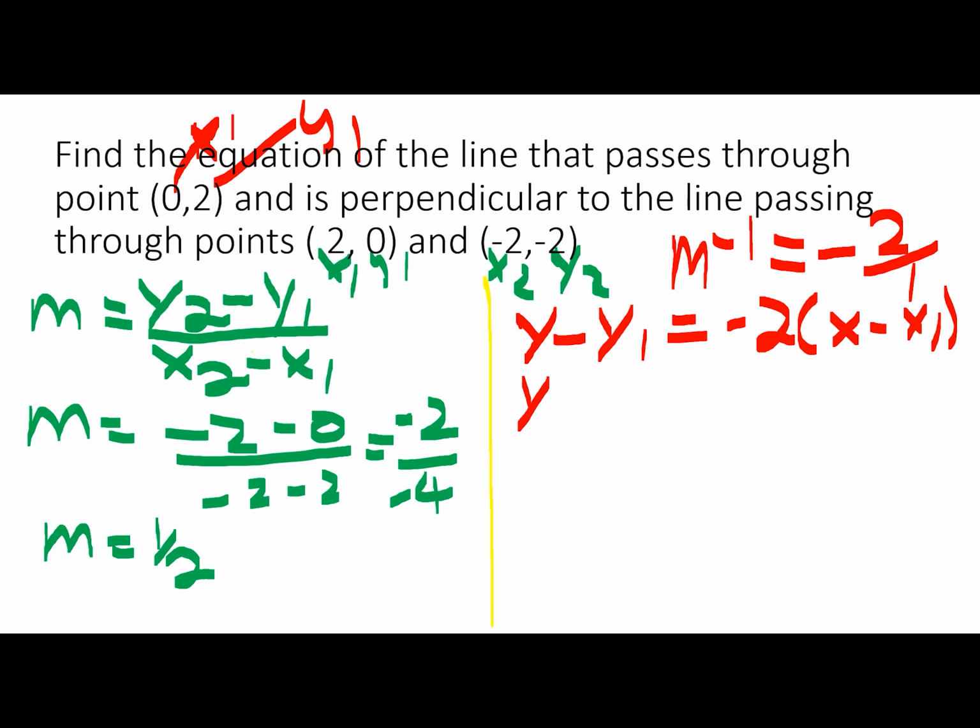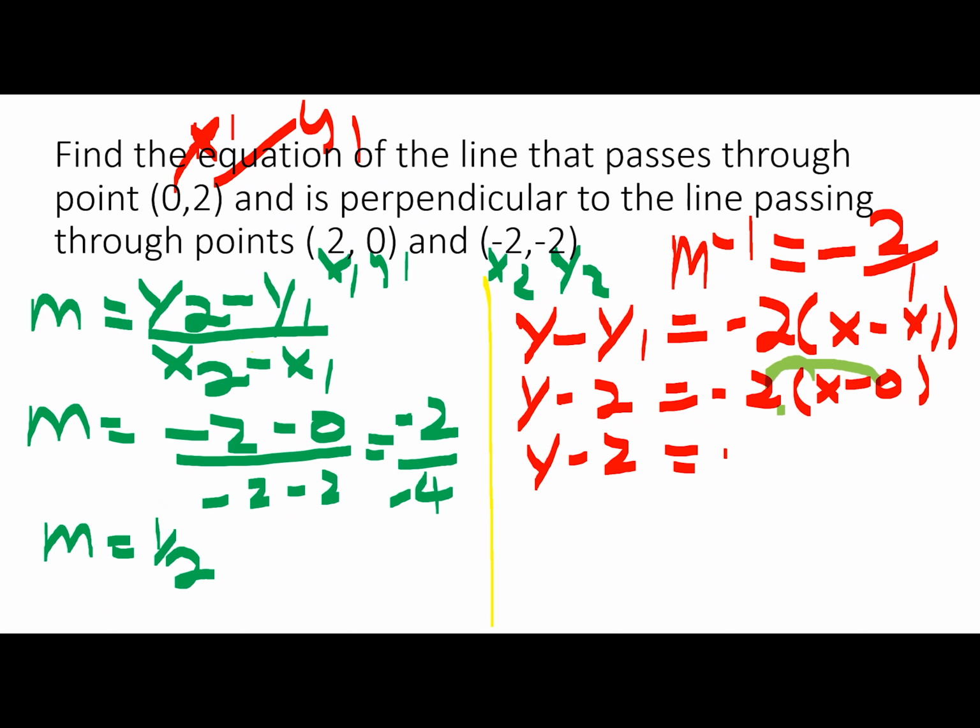So y minus 2 equals negative 2 times x minus 0. y minus 2 equals, we are going to distribute negative 2 to x and negative 2 to 0. So negative 2 times x is negative 2x, and negative 2 times 0 is 0. So we don't write anything.